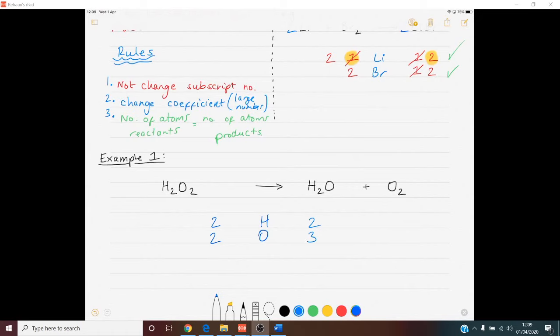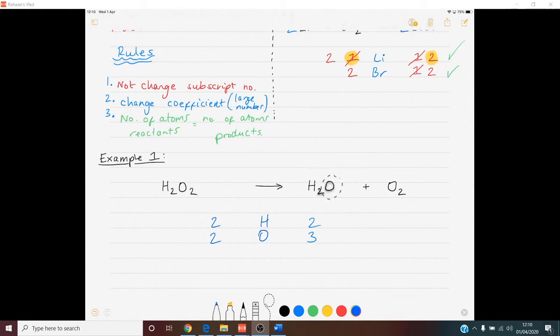Now, to balance this equation, there's several ways we can go about doing this. When we're balancing, odd numbers are quite tricky to balance. And if we look at O2, that's a nice even number too. The problem is with the oxygen over here on the left.